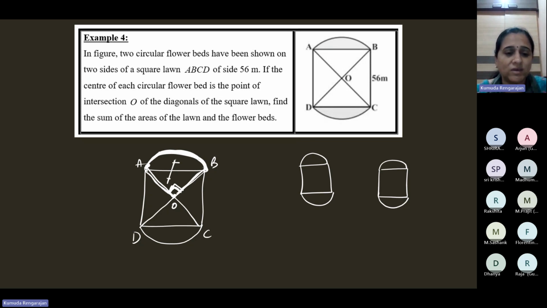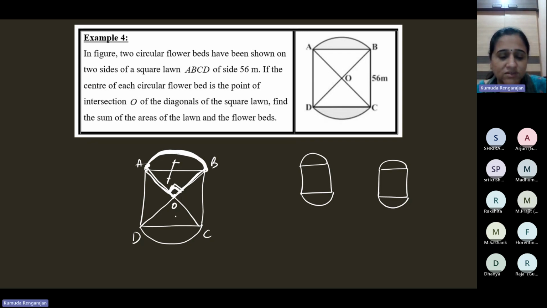Because if AB is the arc, then A and B are points on the circumference. Any line segment connecting the center of the circle to any point on the circumference is the radius. And hence OA, OB are the radii of the circle.